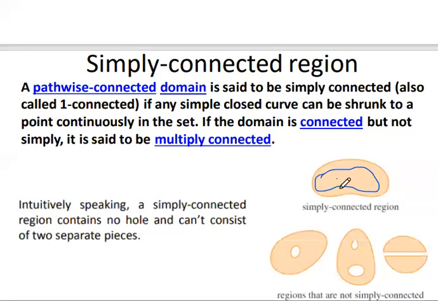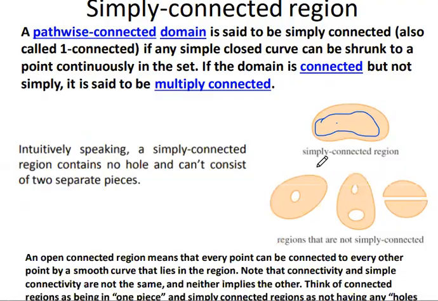Simply put, you don't have any holes in this domain, no holes, no separation. This is called a simply connected region. If you have a hole like this, you cannot shrink this simple closed curve to a point continuously because of this hole, right?